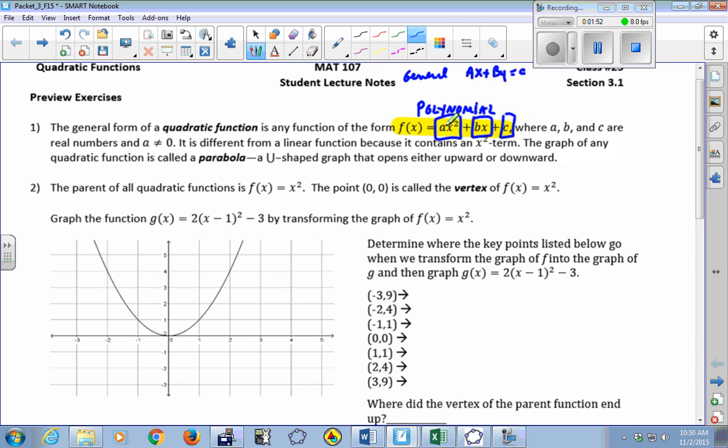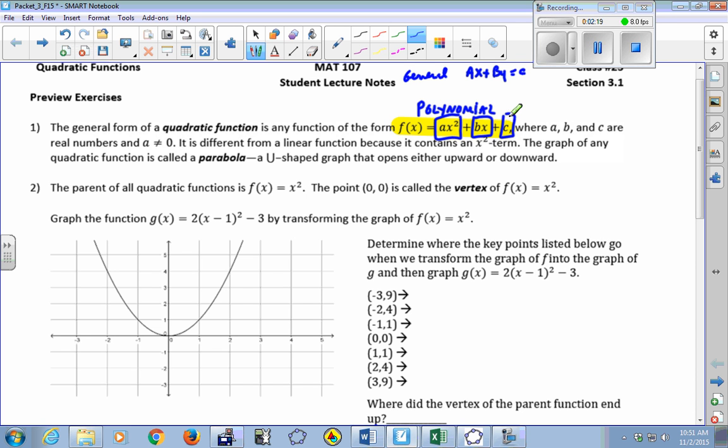A is what we call the leading coefficient, because it's the number that multiplies your x squared term. B is called the linear coefficient because this term is x to the first power, which if we were just graphing something like bx, would be a line. And c is called the constant term.